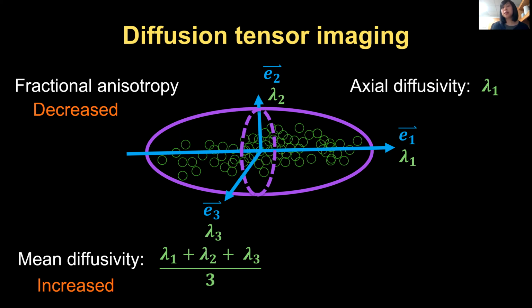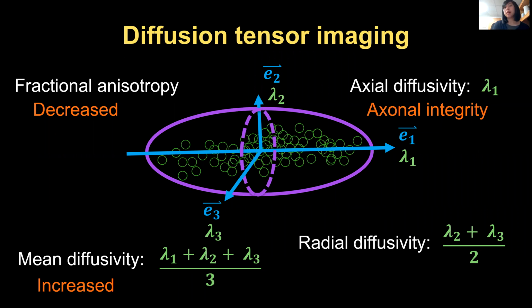Changes in axial diffusivity are thought to reflect axonal integrity. And the radial diffusivity is thought to increase in the presence of demyelination, essentially losing the barrier to diffusion perpendicular to the axon.